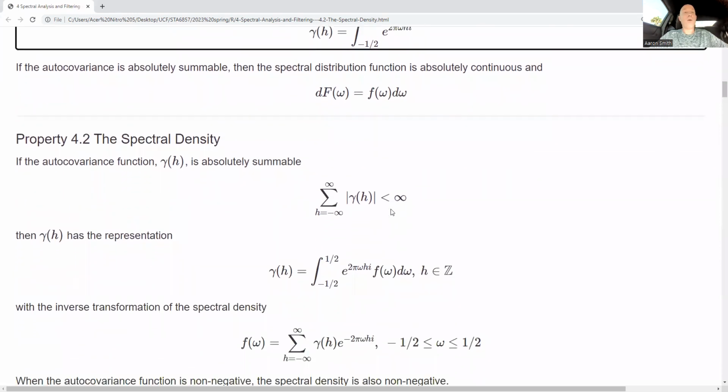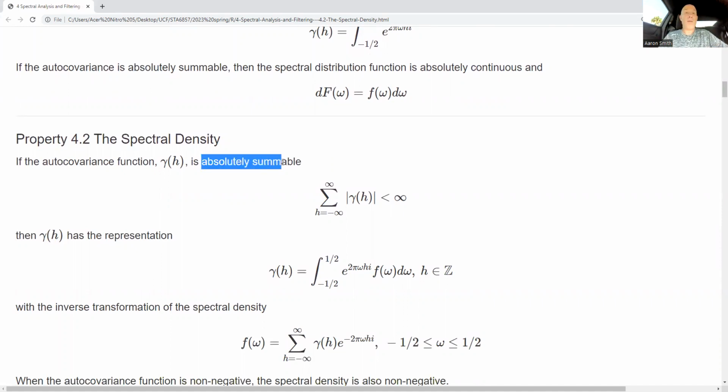All right, so now let's take a look at the spectral density. If the autocovariance function is absolutely summable, so here I'm saying that if I add up the absolute value of all of my autocovariances from negative infinity to positive infinity, I get a finite number, then we have this representation for our autocovariance.